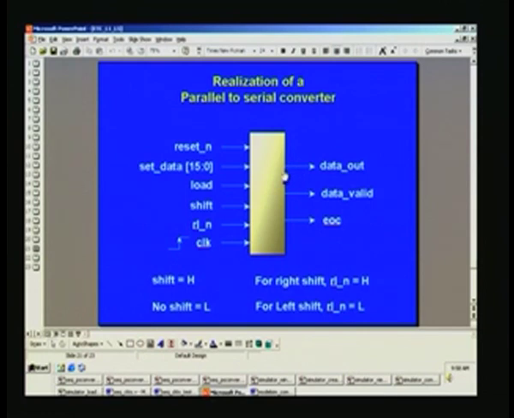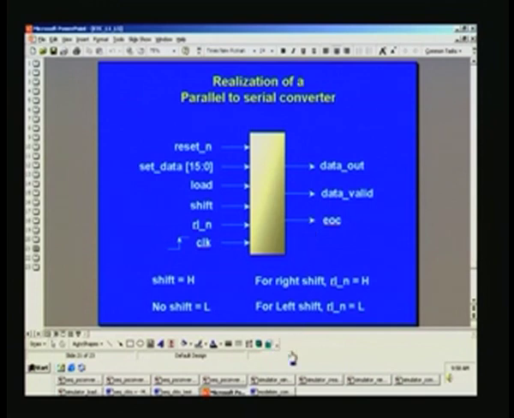You have an output corresponding to the serial bit stream right at data out, and when it is valid will be indicated by this data valid signal, and once all the 16 bits are sent out serially, an end of conversion will be generated.